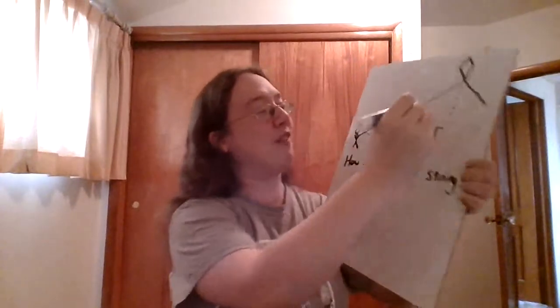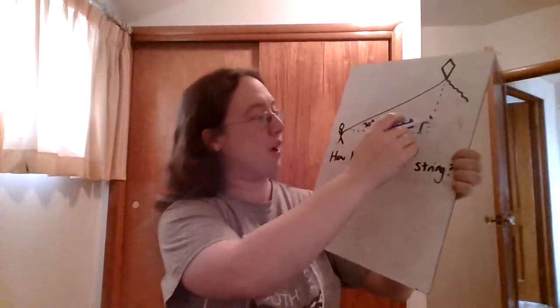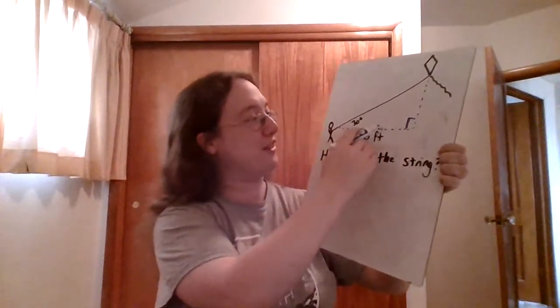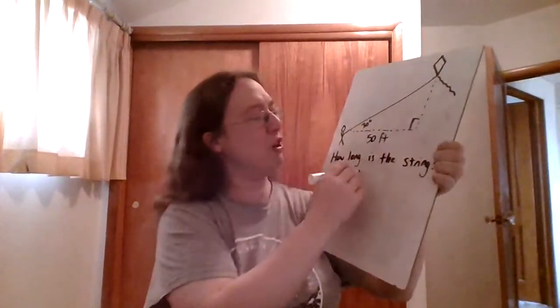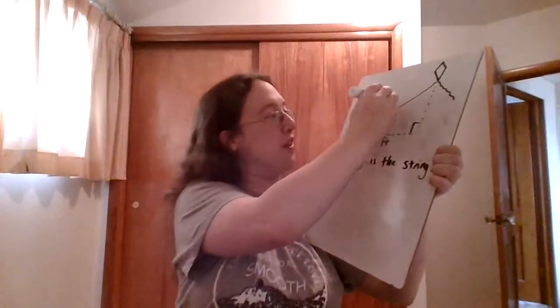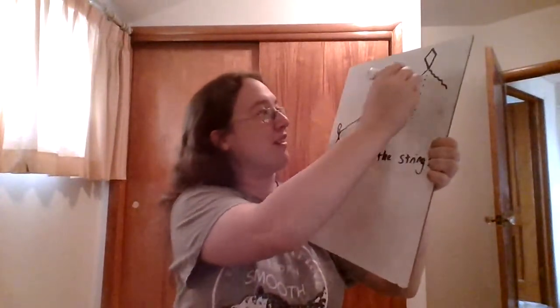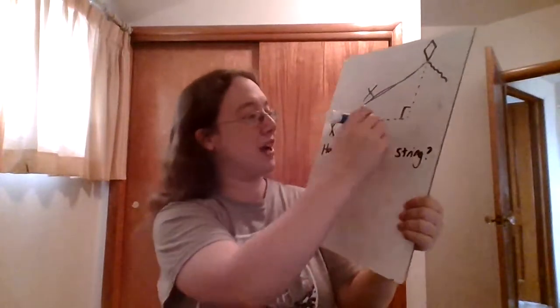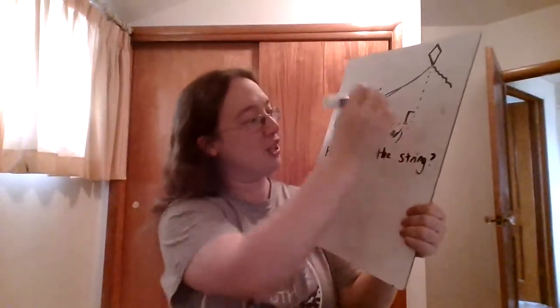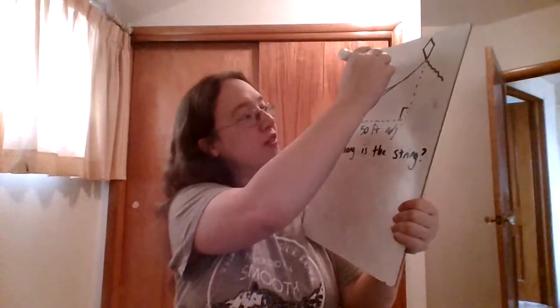Okay, so again, assuming that we're going at more or less a right angle here, we've got 50 feet going up to this kite, and we want to know how long is the string. So we're looking for this, because that's our string going from our person to our kite. Okay, so we've got our adjacent side. We're looking for our hypotenuse.